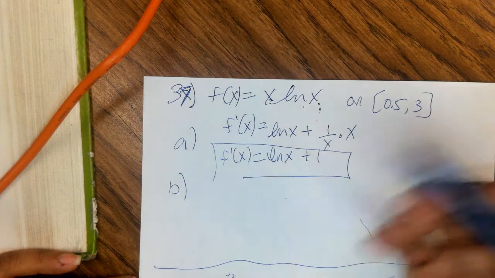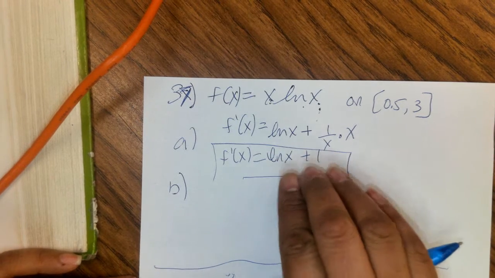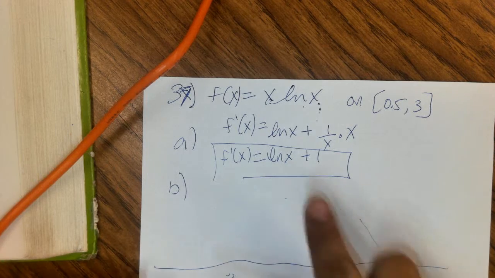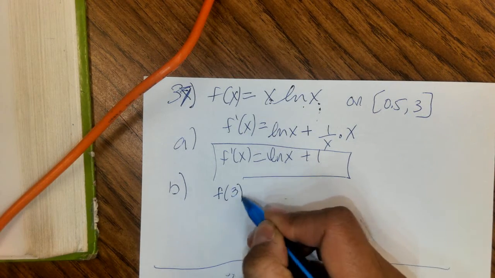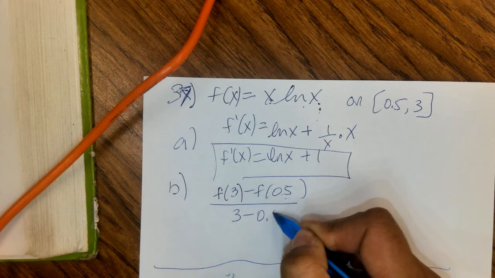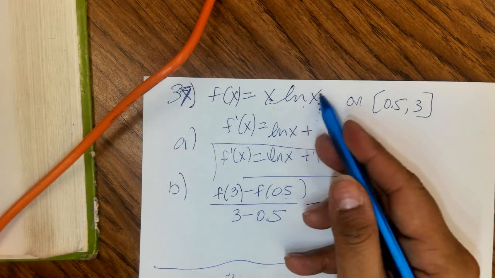B wants you to go find that special value where the derivative is equal to the average rate of change. So here's the derivative. And now let's go find the average rate of change. Average rate of change is going to be f of 3 minus f of 0.5 all over 3 minus 0.5. I think the numbers get really ugly because it's x times natural log.